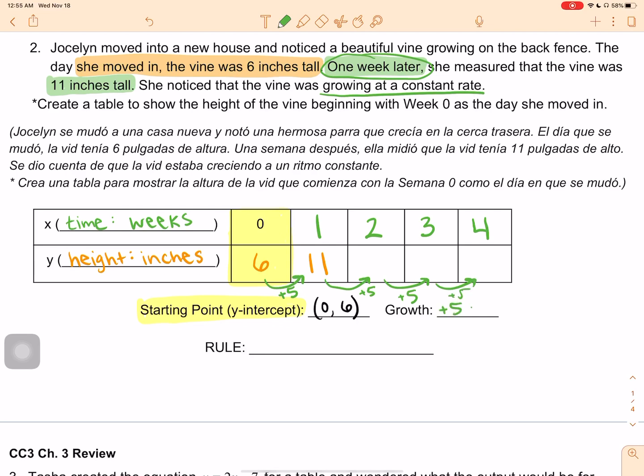I'm going to write plus 5 inches per week. That is my growth. So if I extend this table, I have 6 to 11, 16, 21, 26. This tells me that the vine was 16 inches tall at 2 weeks, 21 inches tall at 3 weeks, and 26 inches tall at 4 weeks.